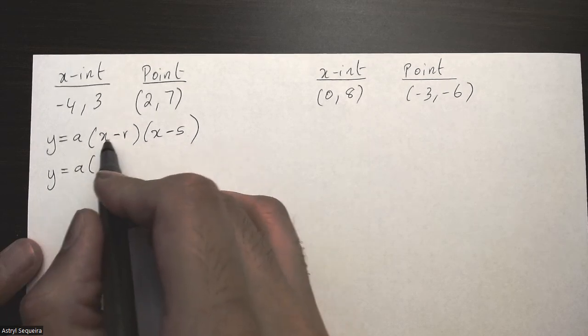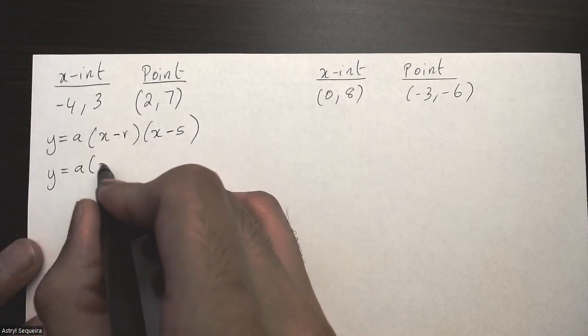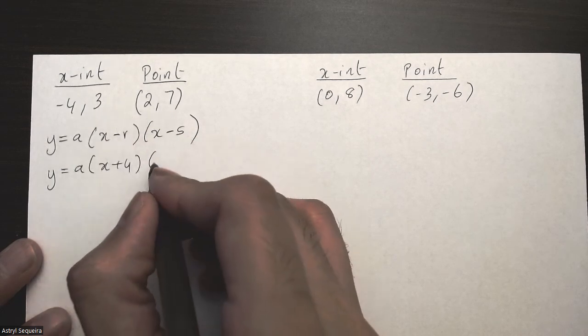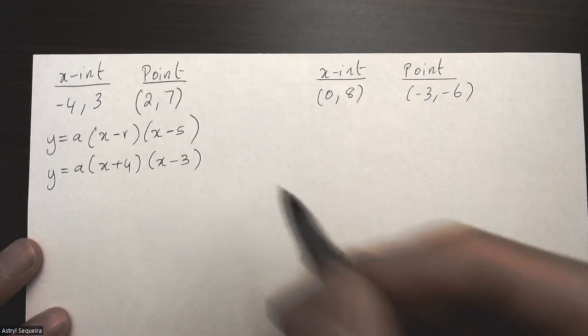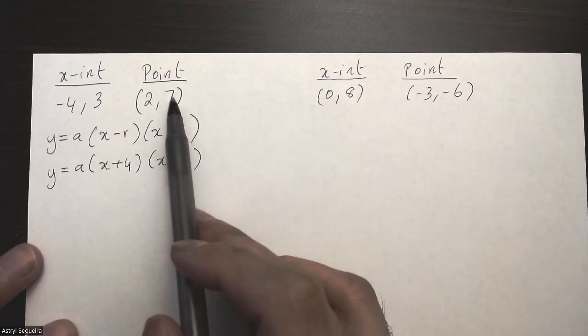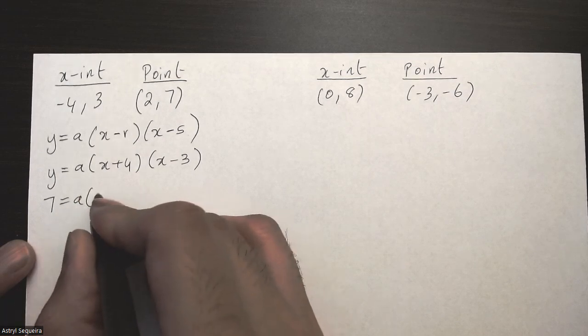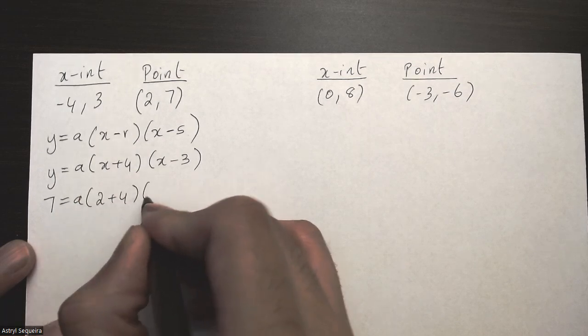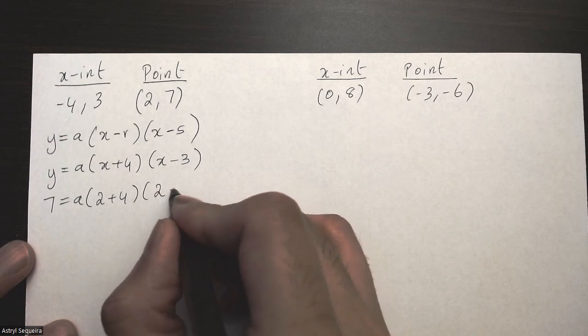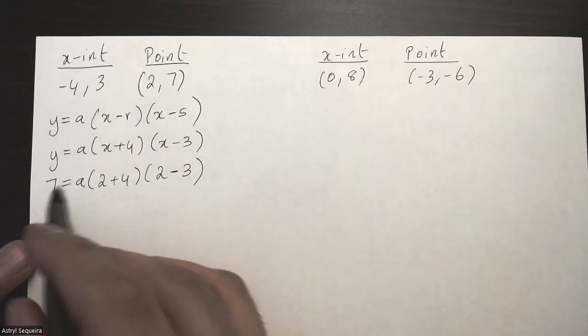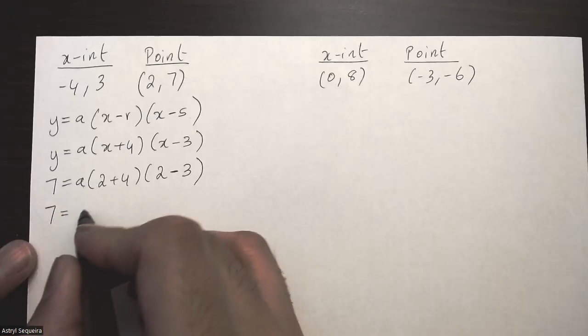So x minus -4 is just x plus 4, and then x minus 3. Then we want to sub in the point, and we want to solve for a.